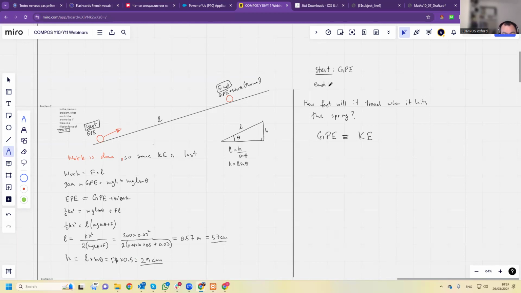At the end, what do you have? Kinetic energy plus heat. You lost some of the energy on the way up, and you will also lose some of the energy on the way down. Okay, does that make sense?